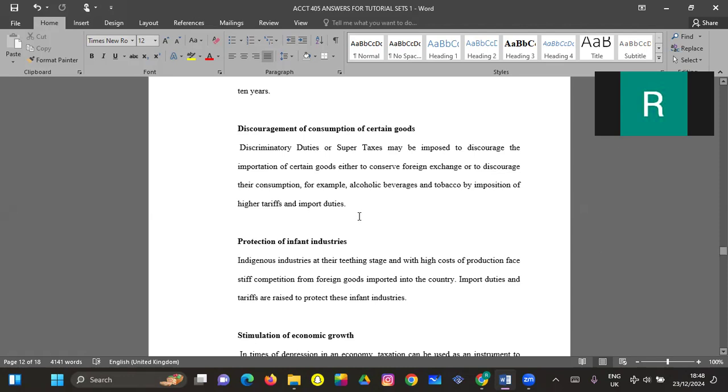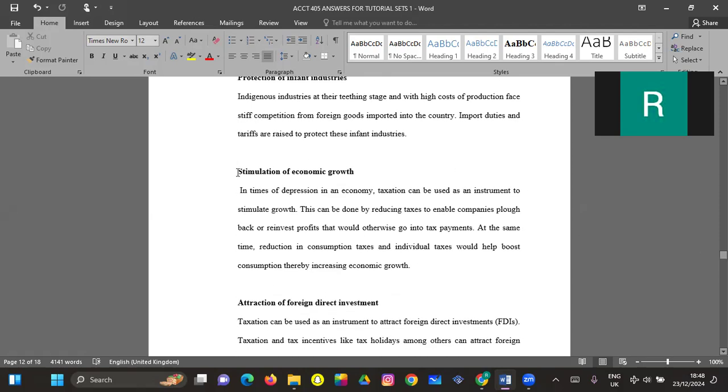So indigenous industries at their teething stage with higher cost of production face stiff competition from foreign goods imported into the country. Import duties and tariffs are raised to protect these industries. So that's basically what the NPP government was doing, making the port duties so high so that the locally produced car, like for example, Kantanka can be patronized, but still never.